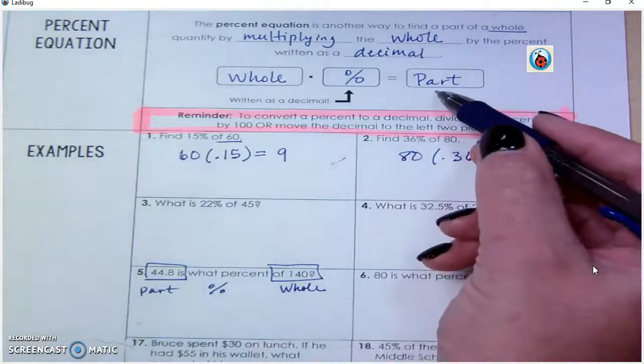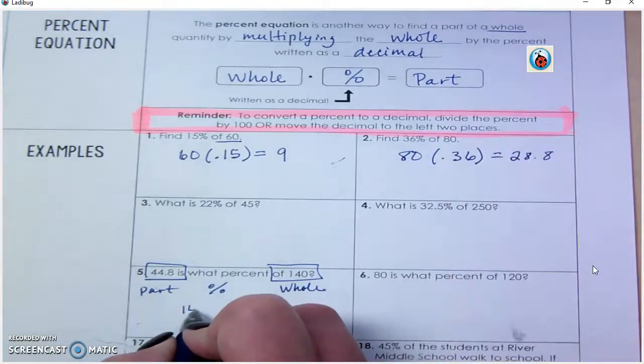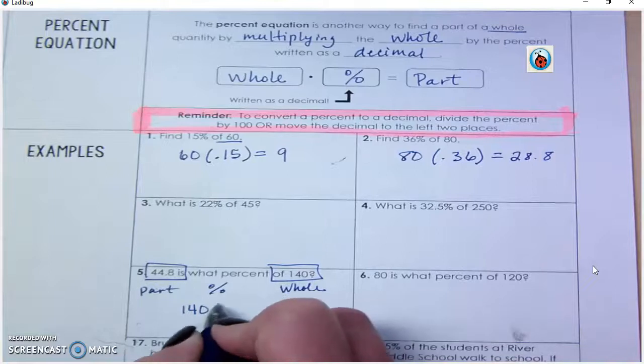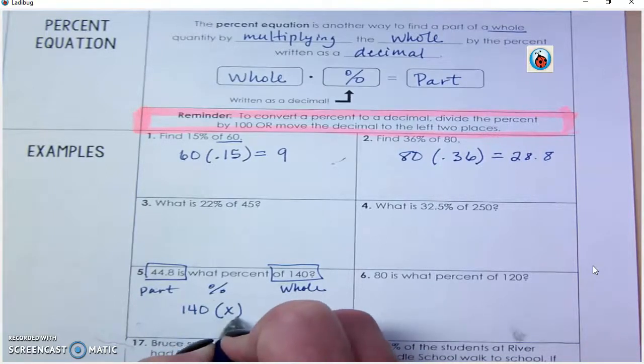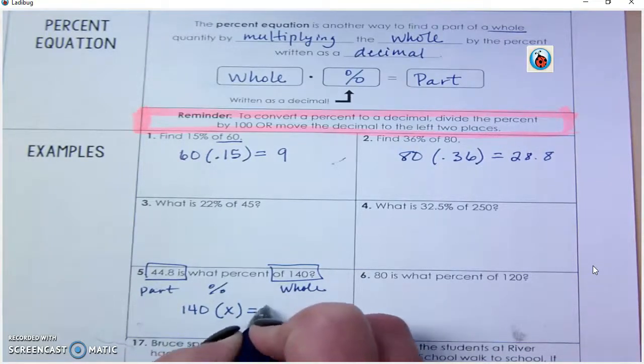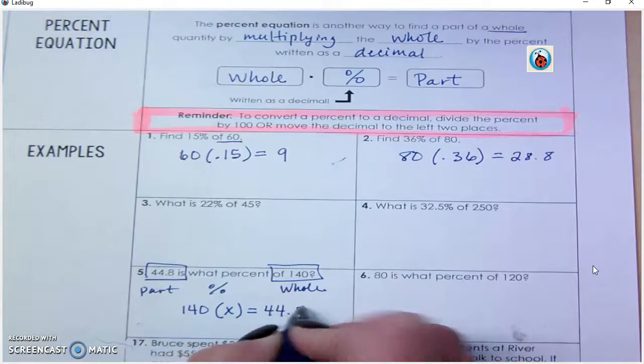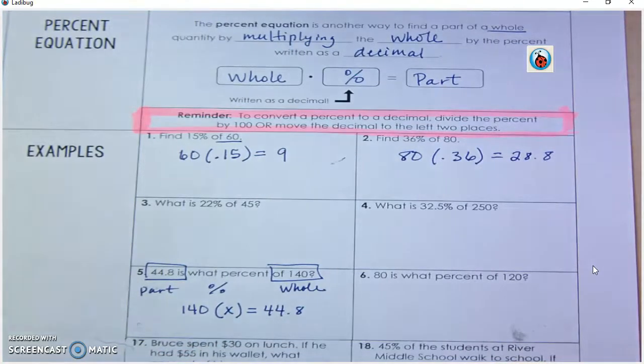Going back to our equation format, 140 is the whole number. We don't know what percent that is, but it gave us 44 and 8 tenths.